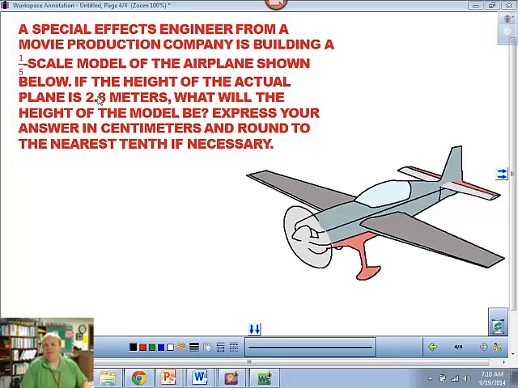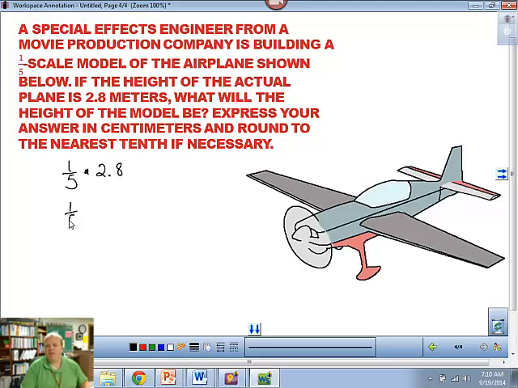Well, I'm going to first find out how many meters it is. So my scale is 1/5. Okay? And then my height, or my actual drawing, is 2.8. So all I'm going to do is multiply 1/5 times 2.8. Okay? Well, you could do it one of two ways. I could take this to a decimal or take this to a fraction. Since we've been working in fractions, I'm going to take this to a fraction. I know that 0.8 is 4/5.